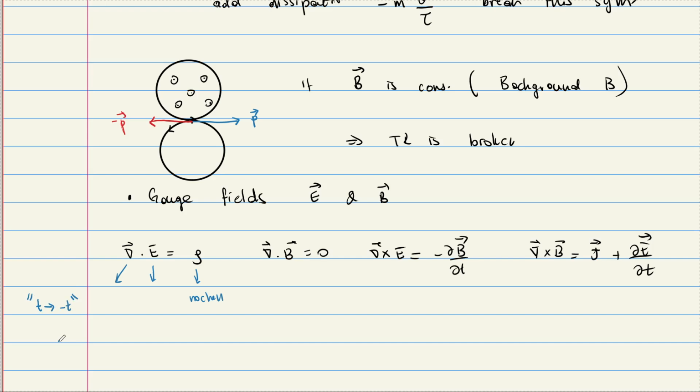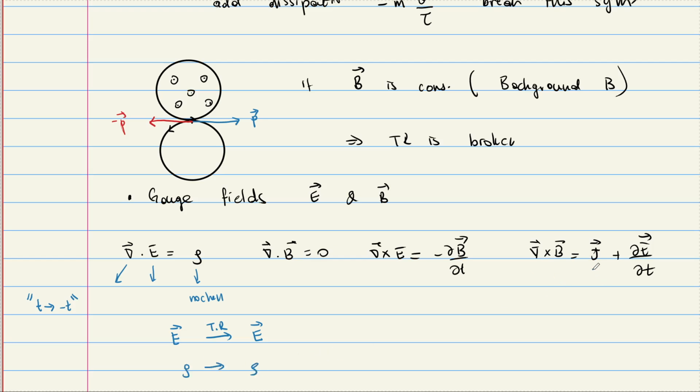That means we need to be careful. And if t goes to minus t, nabla doesn't change. Therefore, if the left hand side doesn't change, the right hand side should not change. We require from here E with time reversal goes to E, because rho goes to rho.